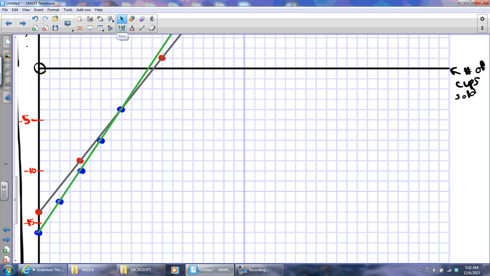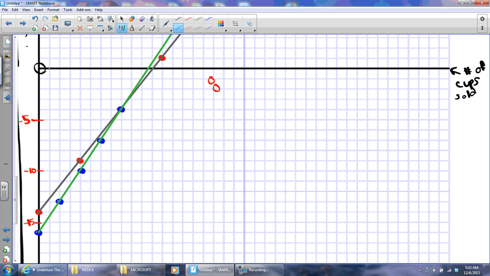Okay, so there's our graphs. We can tell that they're crossing the x-axis here. And here, it looks like they're off a little bit, right? So we could try to figure out what those points are, just by counting, of course.